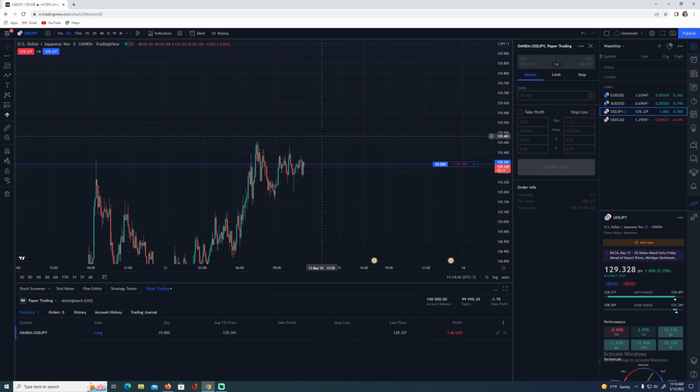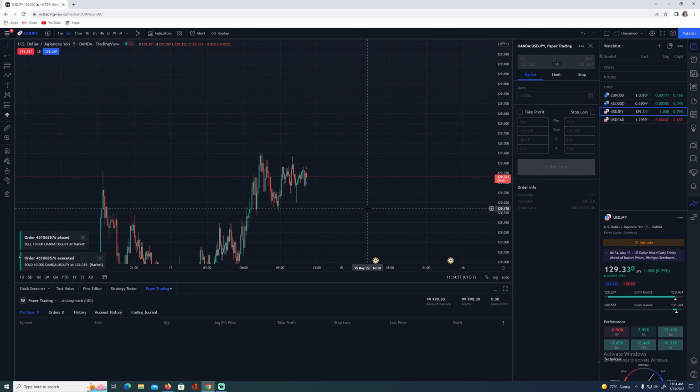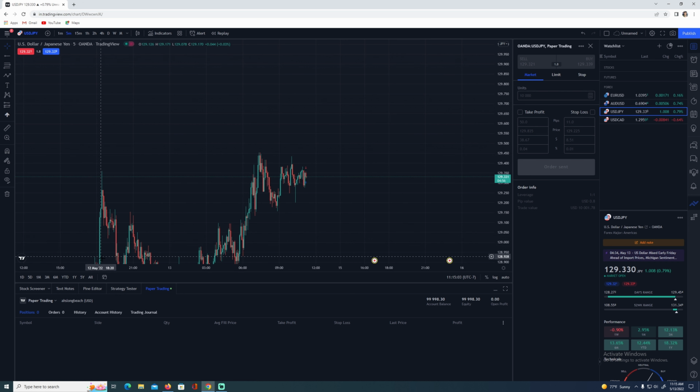If price starts to go above this order, I will start making money. So simple as that. So market order is I want to get in at the current price right now. That's what market order is.